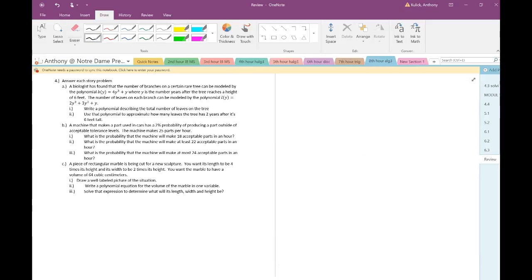For part B, or question B, it says a machine that makes a part used in cars has a 2% probability of producing a part outside acceptable tolerance levels. That machine makes 25 parts per hour. Find the probability the machine will make 18 acceptable parts in the hour. Okay, so this is a binomial experiment problem.